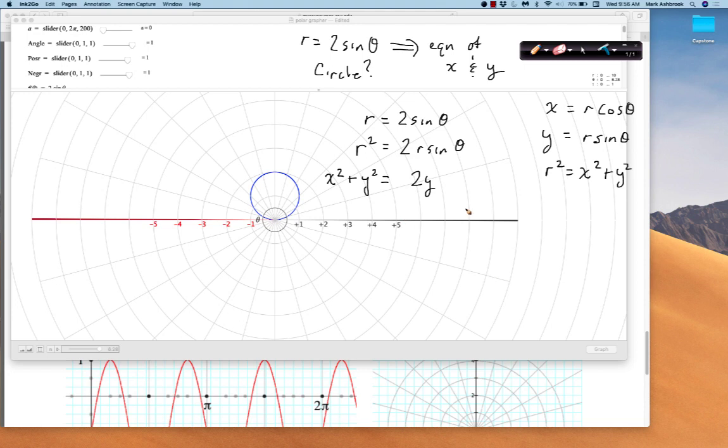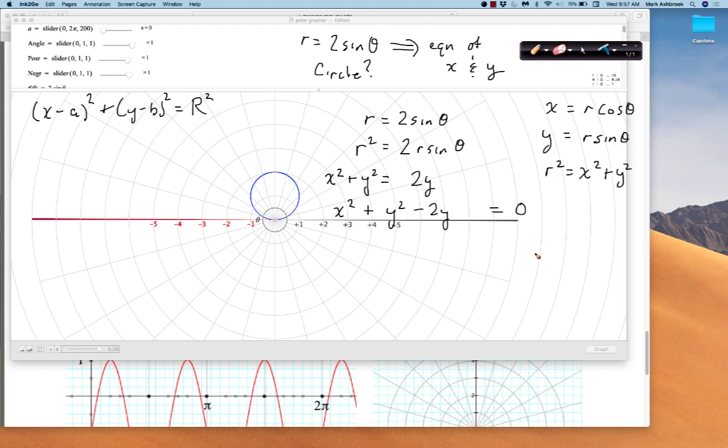So then we think back to our equations of a circle. Equation of a circle is (x minus a) squared plus (y minus b) squared equals radius squared. So can we make this thing look like that? Well, that means I've got to move all my x's and y's over. All my x and y terms are on the left. So we got x squared plus y squared minus 2y equals 0, right?